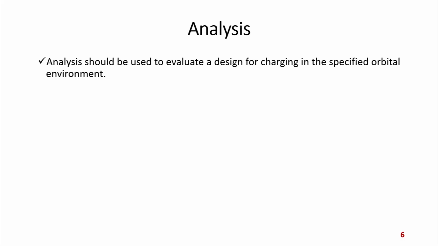Now, analysis. In the last few sessions we have been discussing that analysis part. You can do the analysis and predict how much the spacecraft will be charged, what will be the potential, all these things can be analyzed and predicted.